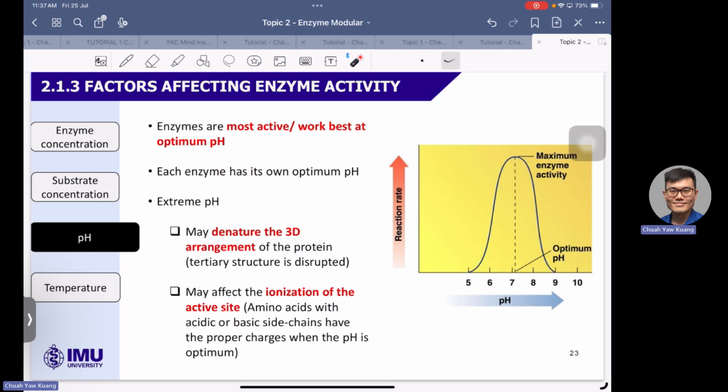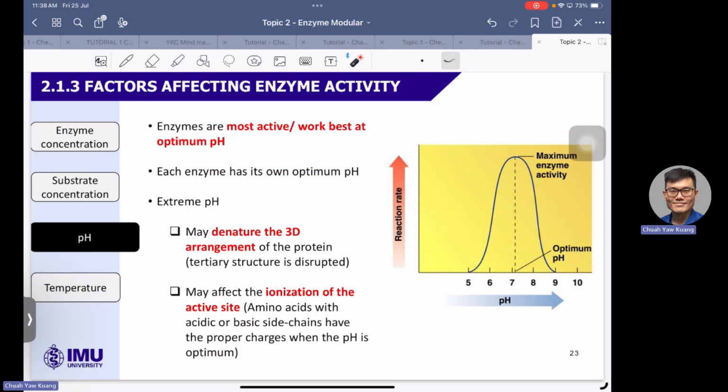You cannot say the higher the pH, the lower the rate of reaction. You have to say that the bigger the change from the optimum pH, the lower the rate of reaction will be. It totally depends on the optimum pH. So that's their relationship.